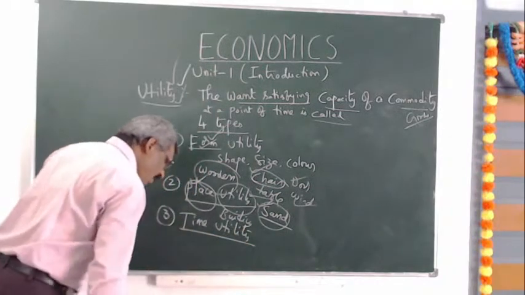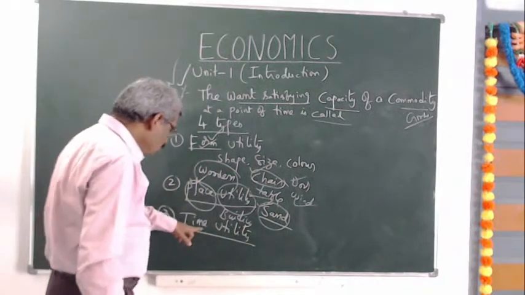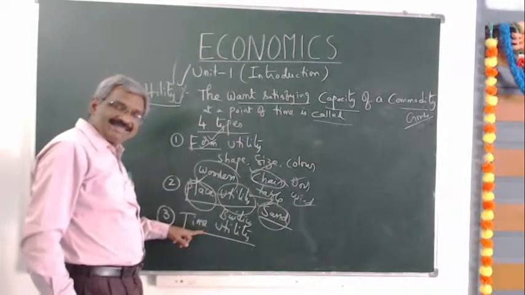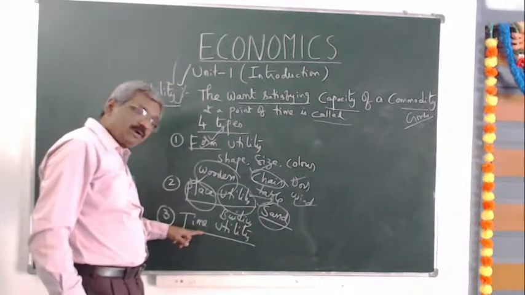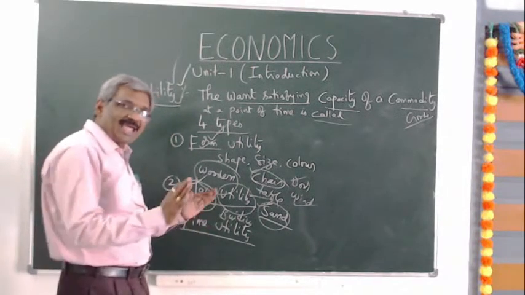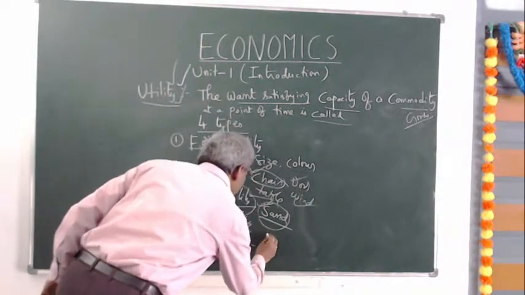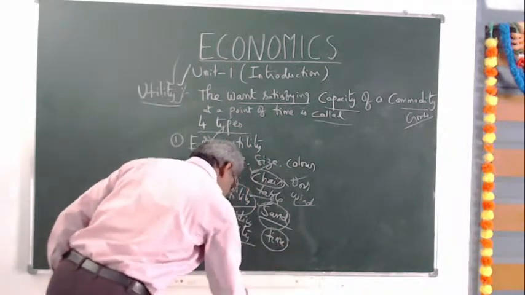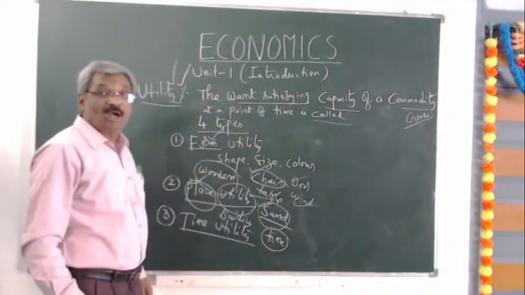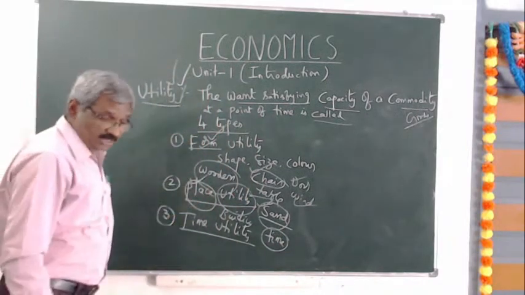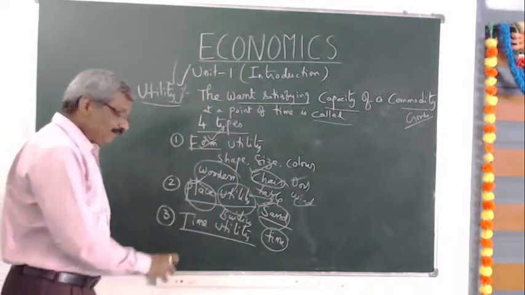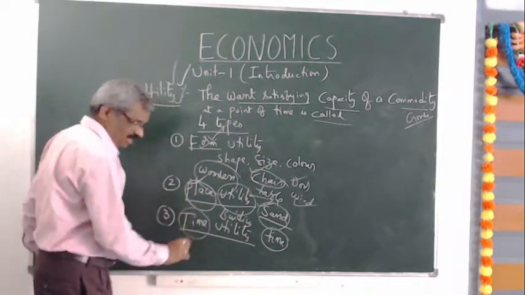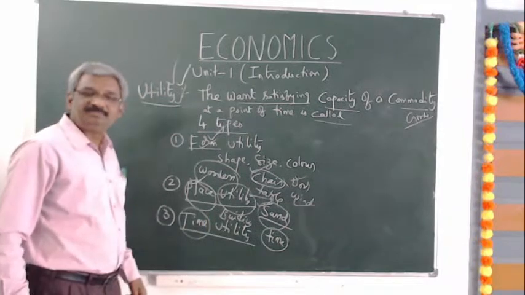See, this is the capacity of goods or commodity to satisfy human wants at a period of time. At one time, the commodity is very satisfying of human wants, but at another time that commodity does not have the capacity to satisfy human want.